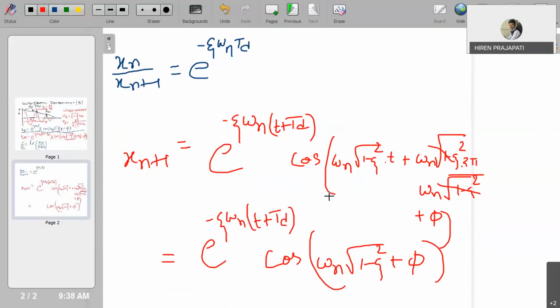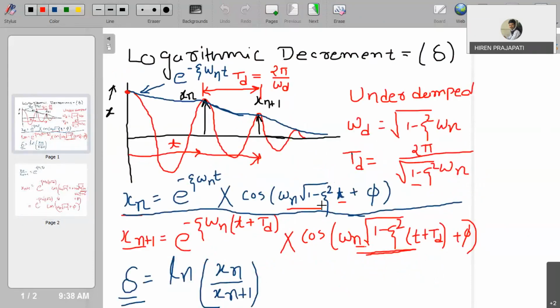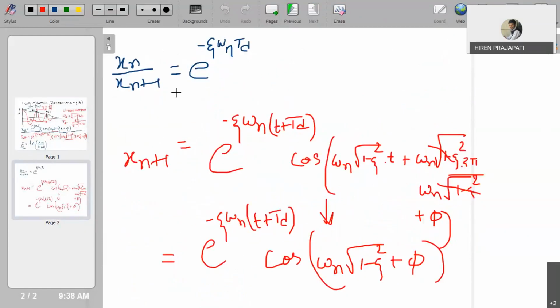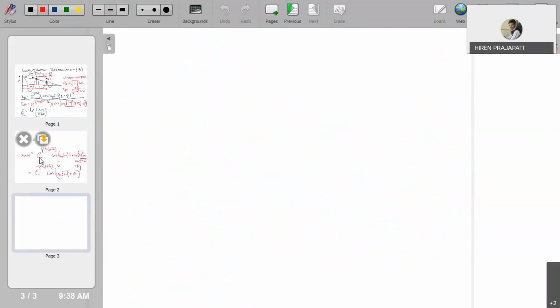Then this is the simplified form. So the cos angle remains as it is. That's why, if we take the ratio, these two are cancelled out, right? So we get only this term as a ratio. And now what we want to find out, let me keep it as it is for your reference. I'm using one new page.